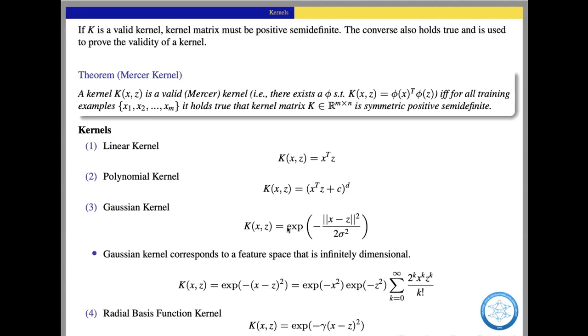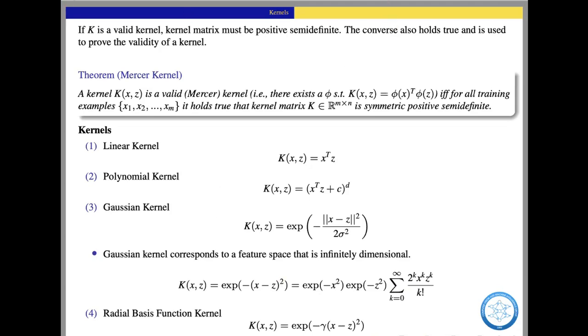That shows mathematically that the Gaussian kernel is a projection into a feature space that is infinitely dimensional. Then we have the radial basis function kernel, which is also popular. If you look at the two, they're very similar, and therefore this is also infinitely dimensional.